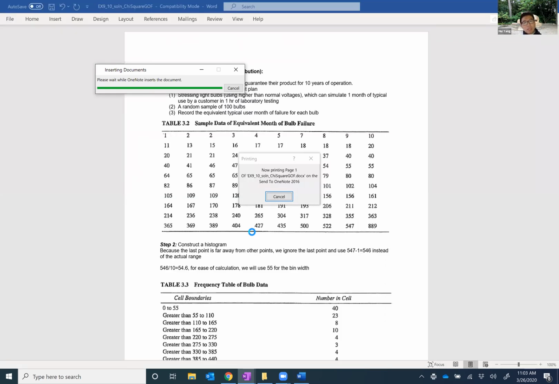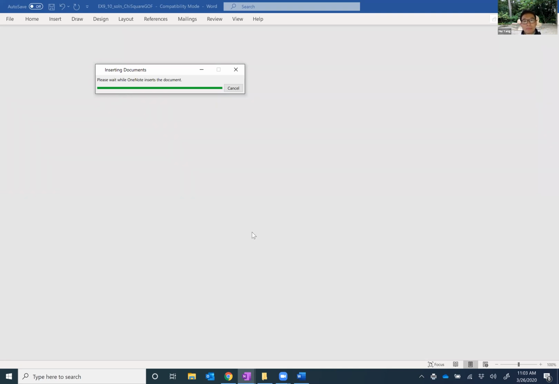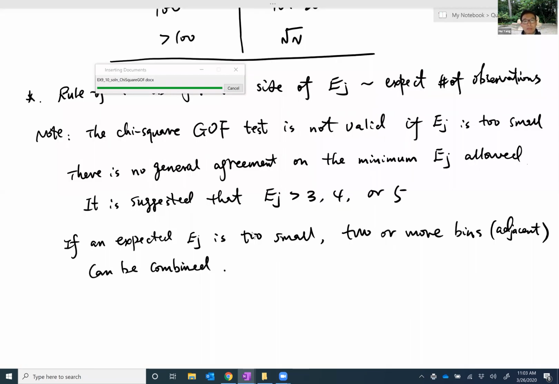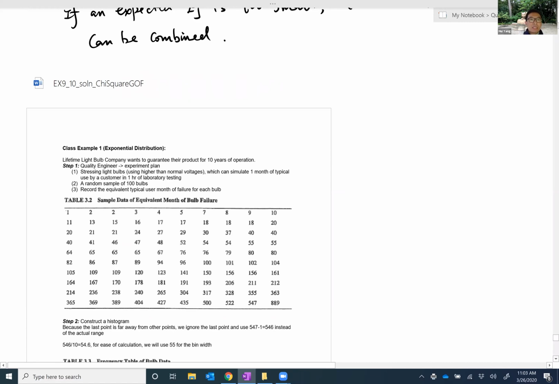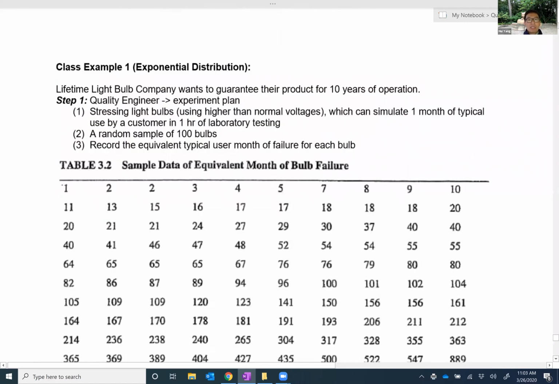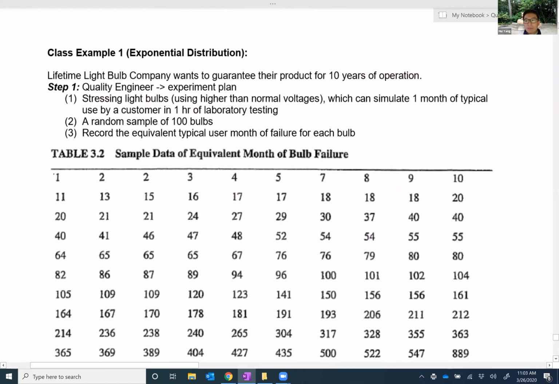Just 1 second, it will come out. Okay, done. Now let's go back to the first page. Okay, so this is an in-class exercise, but let's look at this exercise together.